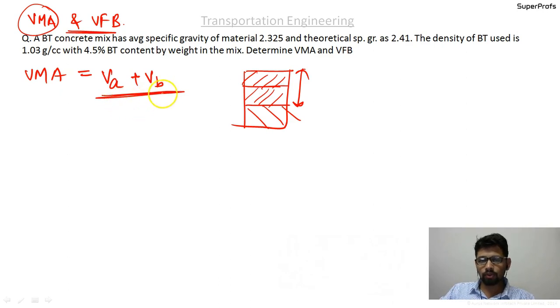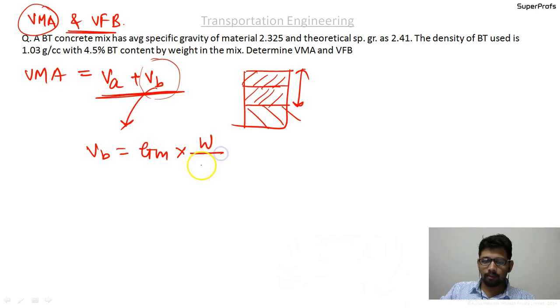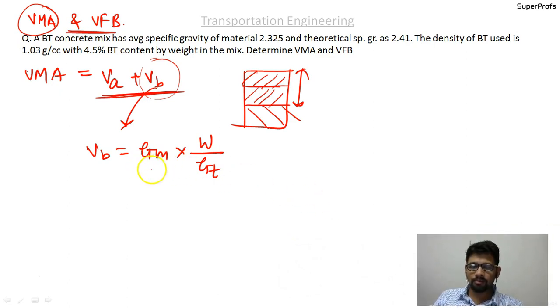Now what we want to do is find out VB. VB is given by GM into WB upon GT. You know now what GM and GT mean: the measured specific gravity and the theoretical specific gravity. One more thing you should notice is that specific gravity is equal to unit weight itself if it is measured in gram per cc.